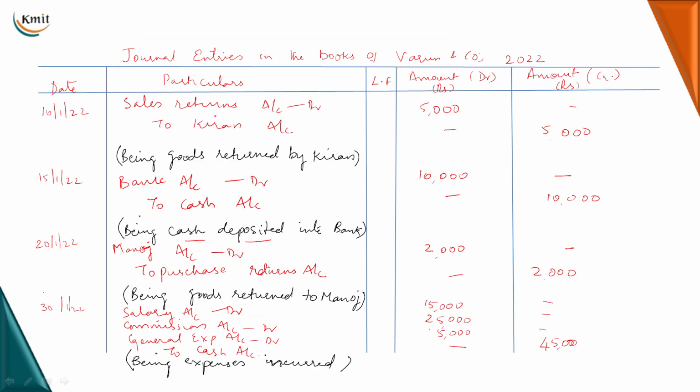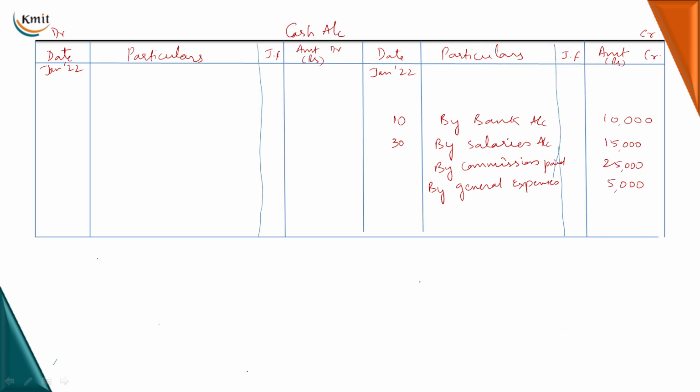Going to cash account, here the date of the transaction is 2nd, to capital account 70,000. So cash account debtor to capital account. This is how one entry is passed.